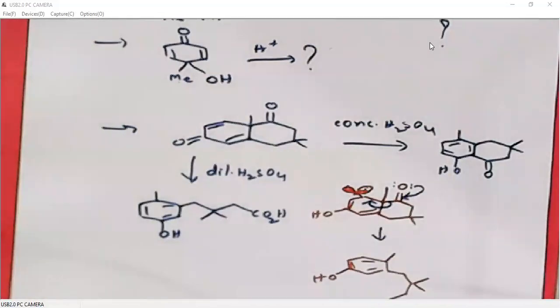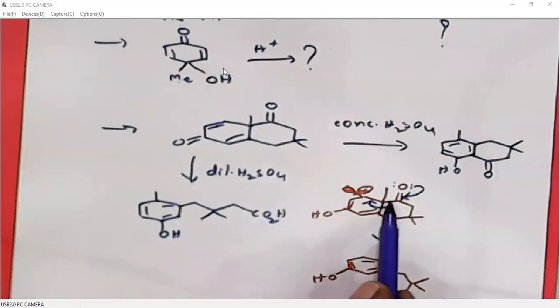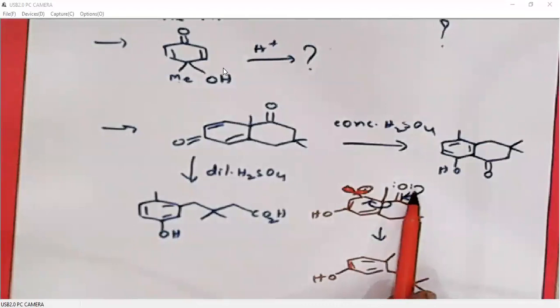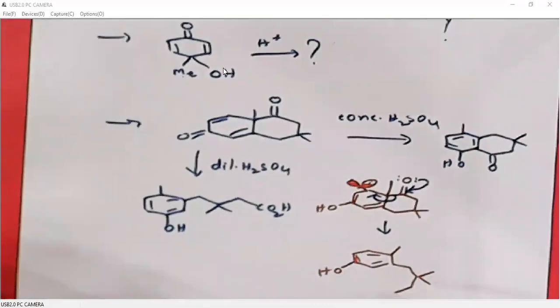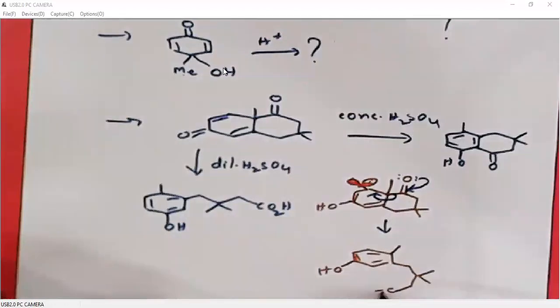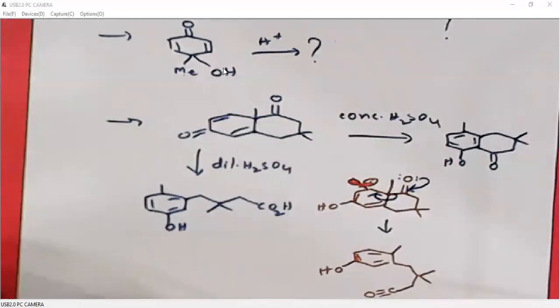The lone pair of electrons on oxygen will be polarized so that it generates a carbon oxygen triple bond. Therefore this bond can easily break. So the bond breaking is facilitated by the presence of the lone pair of electrons on oxygen. Then it generates an acyl group. This generates an acyl group.